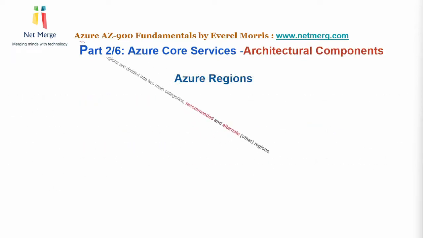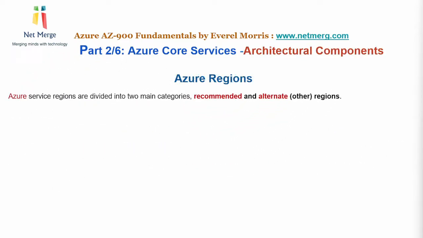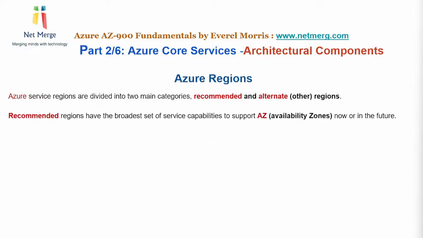Now let's look at Azure Regions. Azure service regions are divided into two main categories, recommended and alternate regions. That is why we only have 23 regions, because the alternate regions, you're going to understand, are not fully staffed and not all have availability zones.